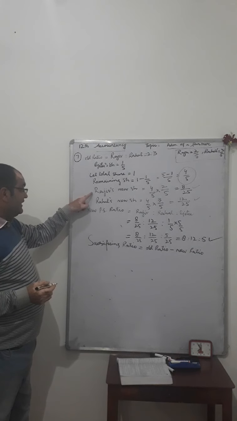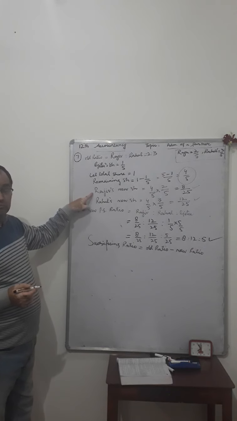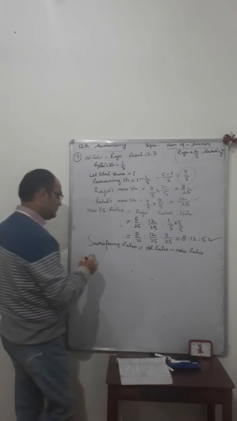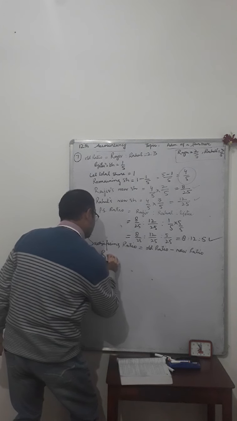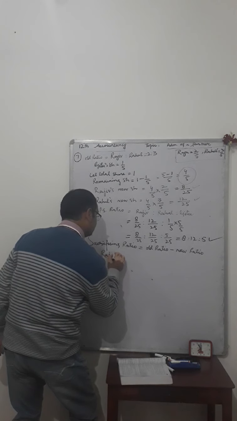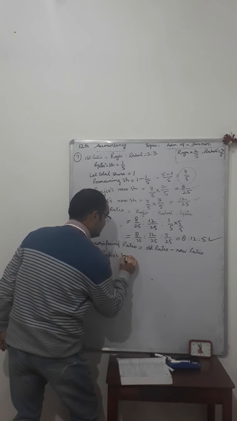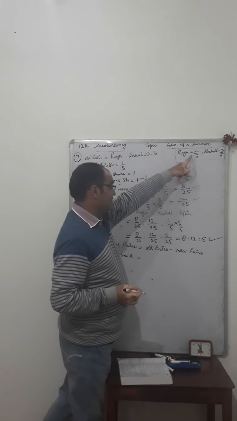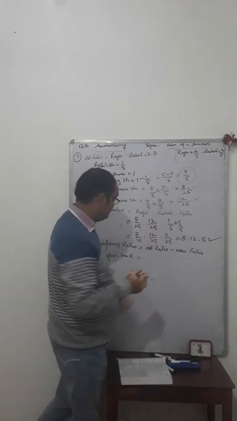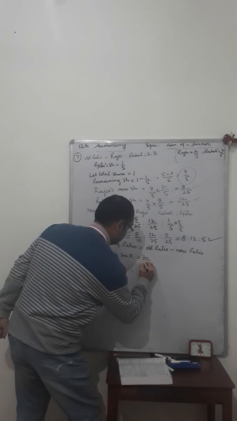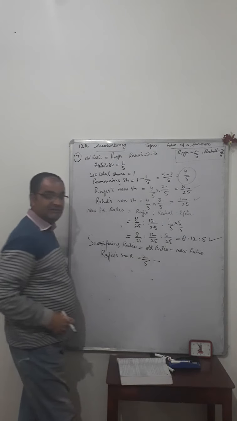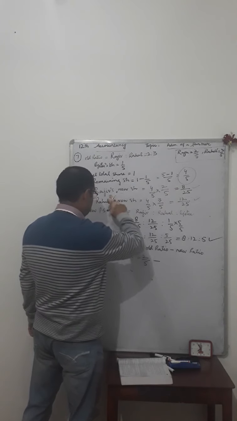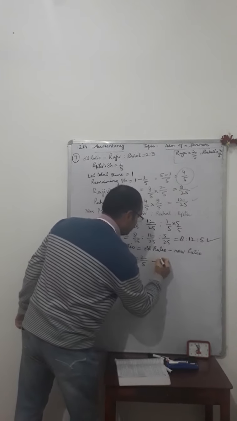First of all, we will calculate Raju's sacrificing ratio and then Rahul's sacrificing ratio. First, Raju's sacrificing ratio is equal to Raju's old ratio, that is 2 by 5, minus Raju's new share, that is 8 by 25.